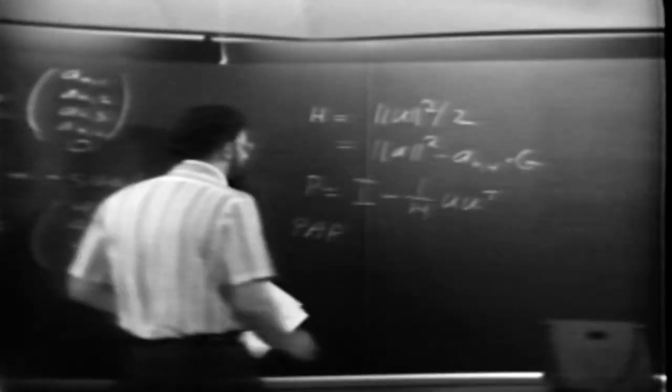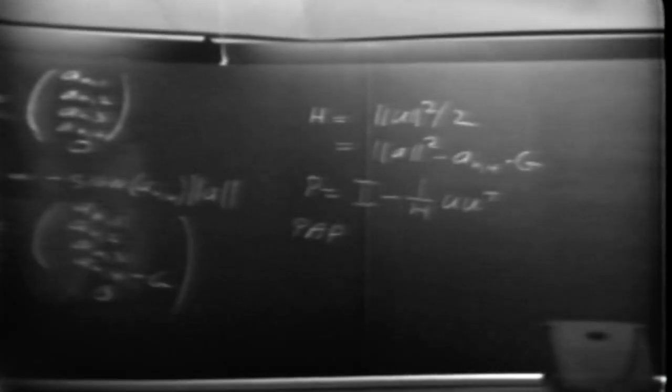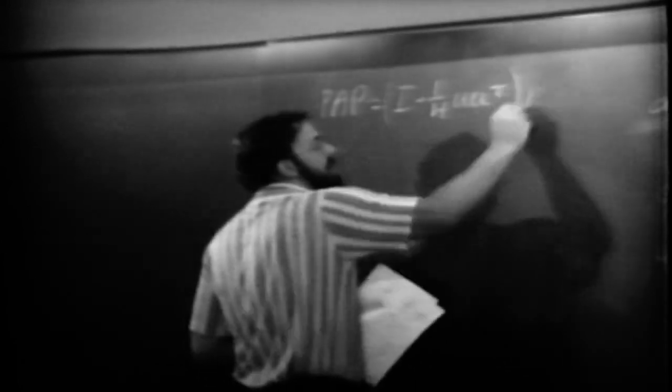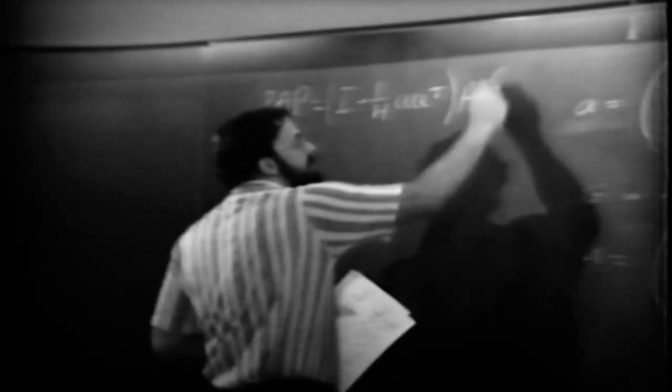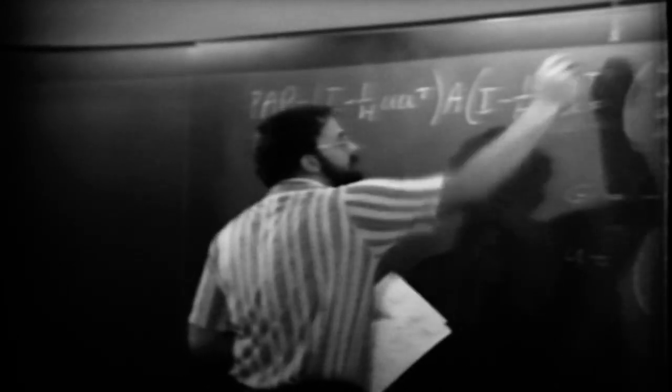and let me write that up here, because I want to write out the formula for it. PAP is I minus 1 over h u u transpose times A times I minus 1 over h u u transpose.